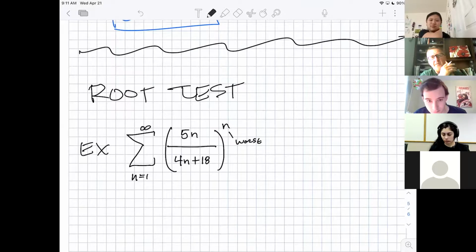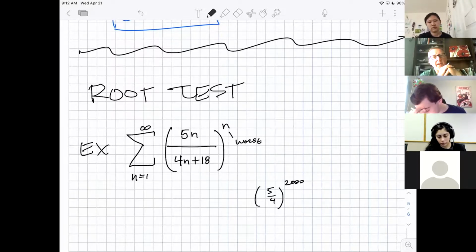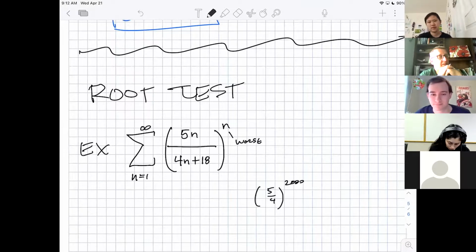In other words, now you have 1.25 inside. This is on its way to 1.25. But in order to get to that place, doesn't n have to be really large? Like 2,000 or something? What's your calculator going to say if you take 5/4 raised to the 2,000th power? You're going to get a gigantic number for this. So this even made it worse. This is failing the divergence test, if you will.